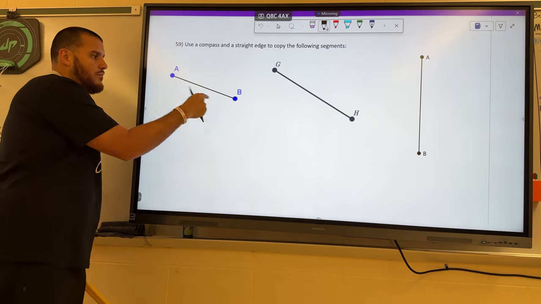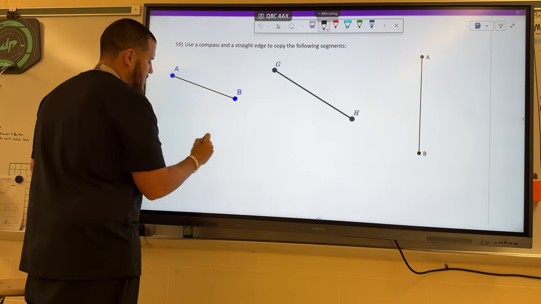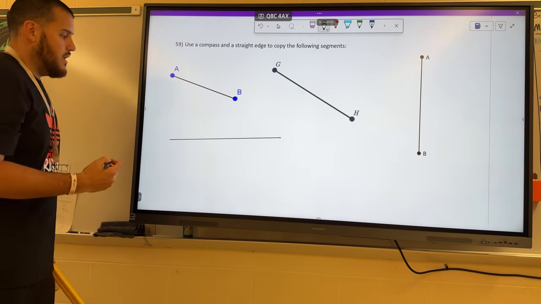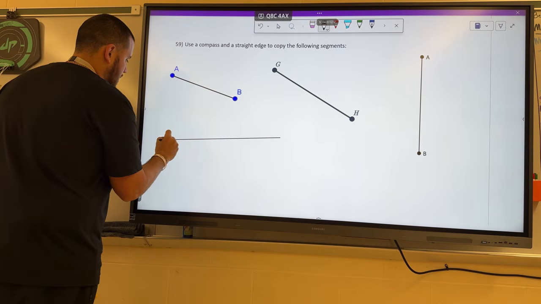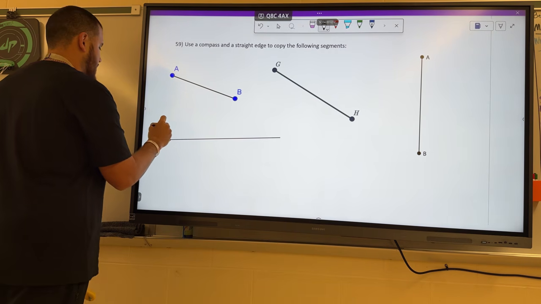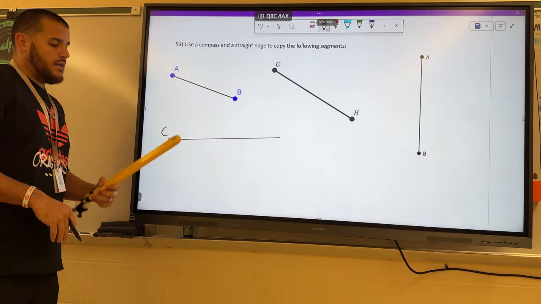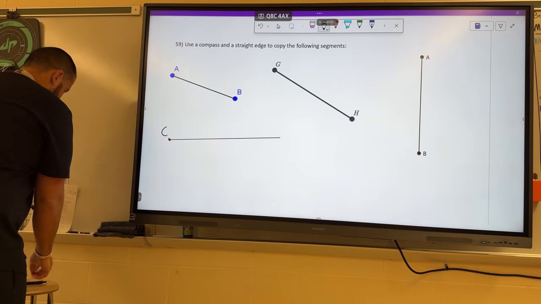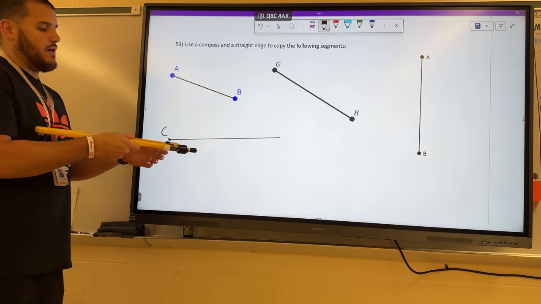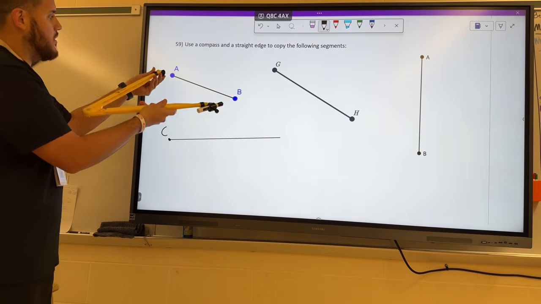The way we're going to start by copying segment AB here is just drawing a segment that is clearly longer than AB. On that segment, we will label an endpoint. So over here, I can put a point. I can make that point C if I'd like. Next thing I'm going to do is take my compass and measure the length of my original segment that I'm copying. So the pointy part of my compass would go on one endpoint.